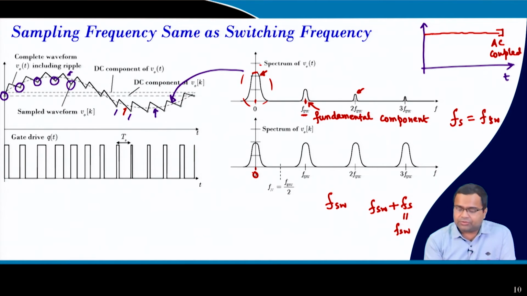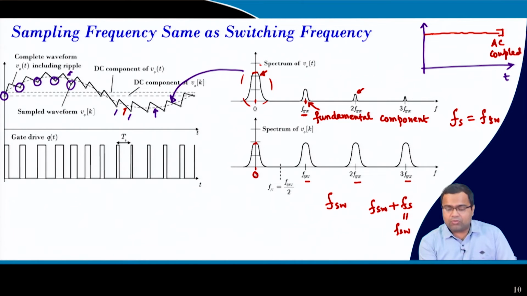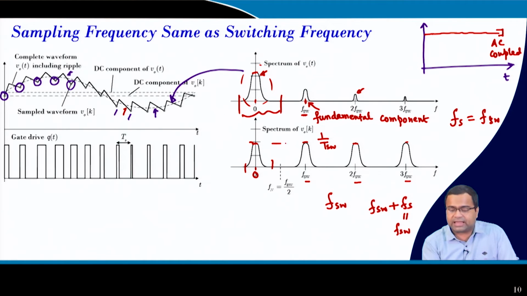So, we will get 0, FSW, 2 FSW, 3 FSW, and all will have equal amplitude, because this is a band limited signal. And we saw that if only this part of a periodic signal is passed through a sampling block, it will be repeated multiple times and scaled by 1 by TSW, which is what we have seen.